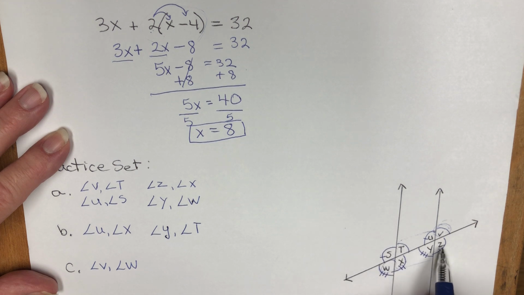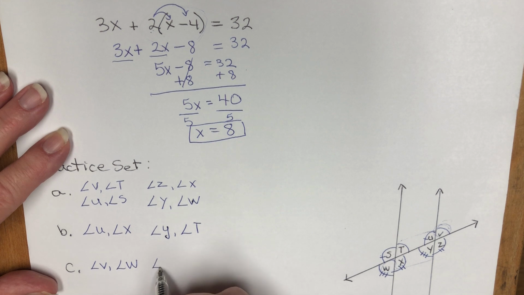Then over here, we have 2 more alternate exteriors. The Z is outside the parallel lines, and so is the S, and they are on opposite sides of the transversal. So angle Z and angle S are my alternate exteriors.